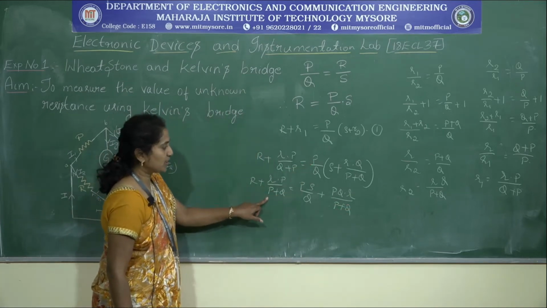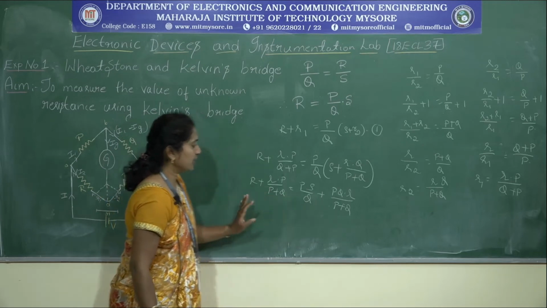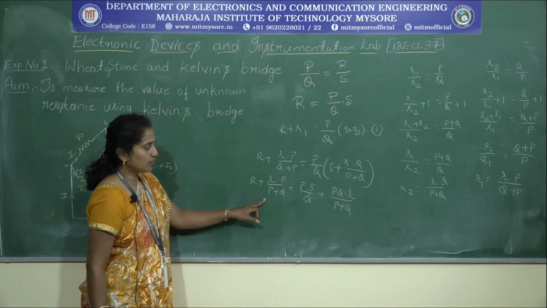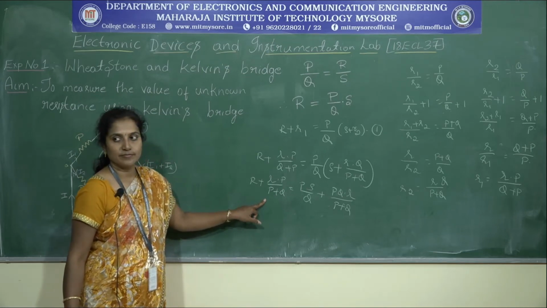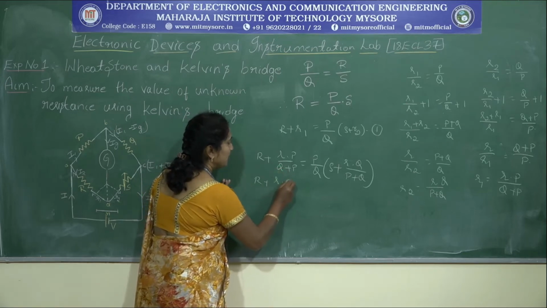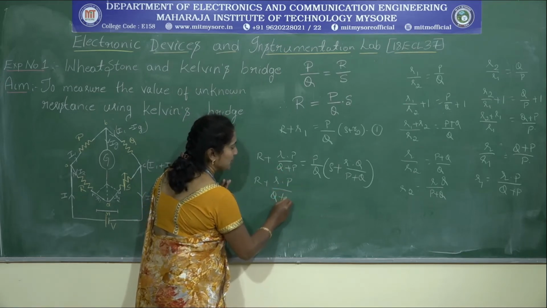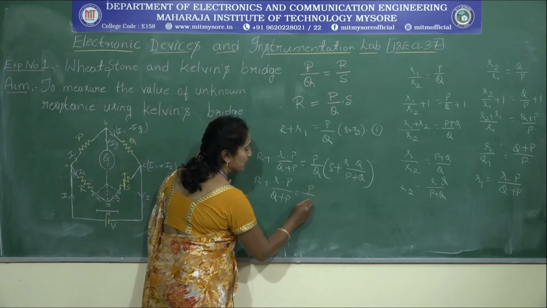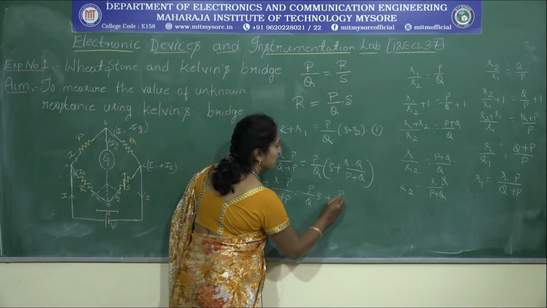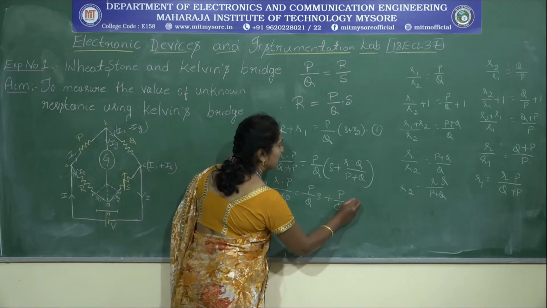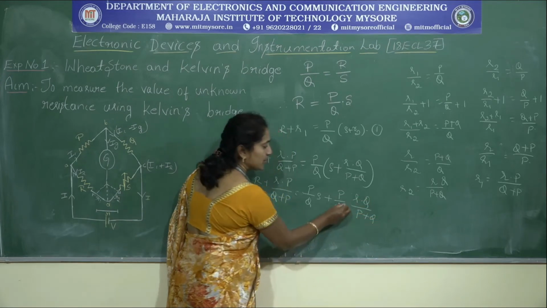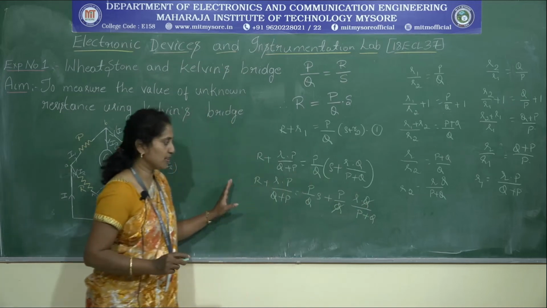Now the left hand side and the right hand side terms can cancel. So what will be the equation here? R plus R into P divided by Q plus P is equal to P by Q into S plus P by Q into R into Q divided by P plus Q. This Q I am going to cancel.